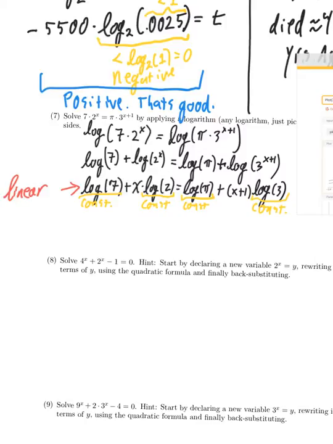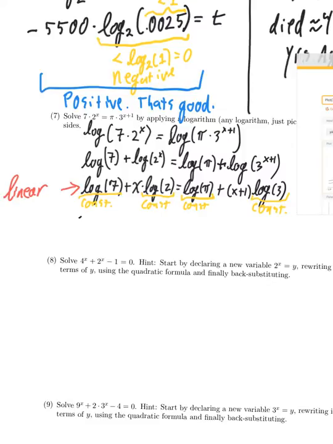So what's the algorithm to solve a linear equation? Get all the x's to the same side by doing some subtraction. Get everything that's not an x to the other side by doing some subtraction. And then divide by whatever's next to the x. So I can do that. So let's see, I guess this I'll subtract to the other side.